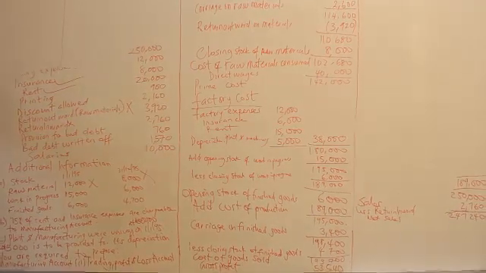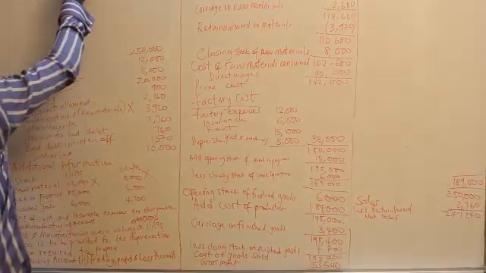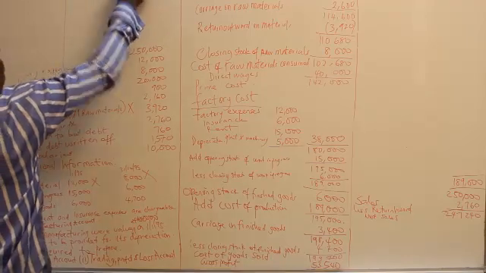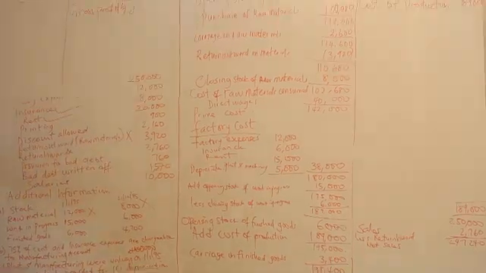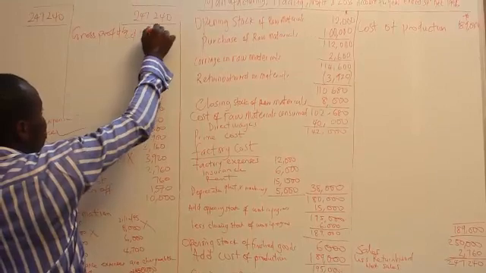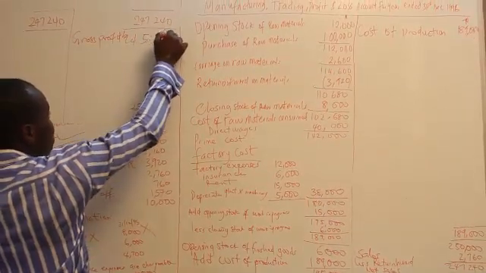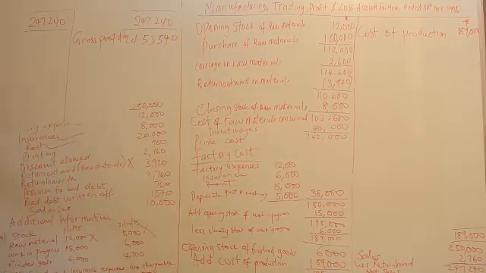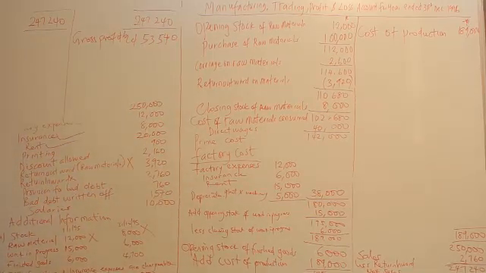Now the next thing is to bring it down to prepare our profit and loss account. Gross profit brought down, so it's just like the trading profit and loss account. We have 53,540. So the next thing is to have the list of expenses.